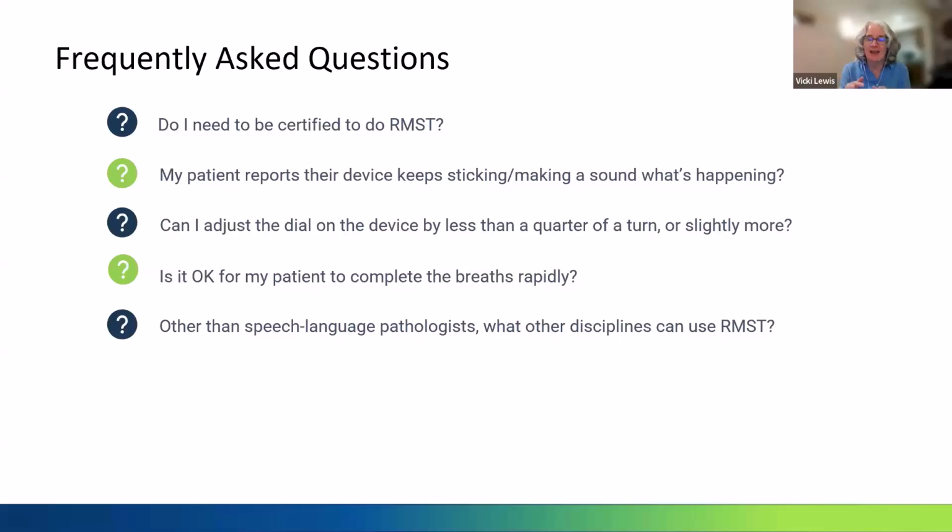But that's not the case usually. What the squeaking sound for EMST usually means, in a pressure threshold device, is that they're not generating enough force to blow the valve completely open and keep it open. So it's usually a patient technique problem, or the threshold setting is a little too high.